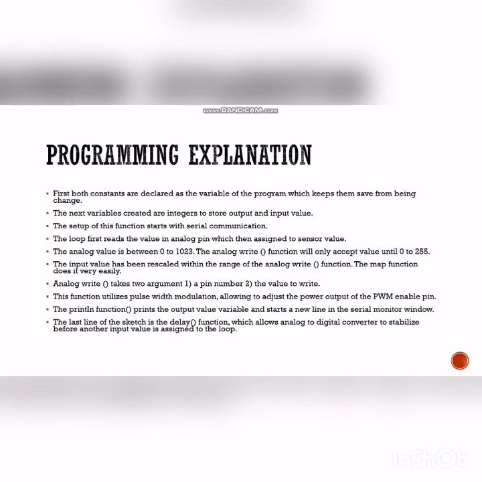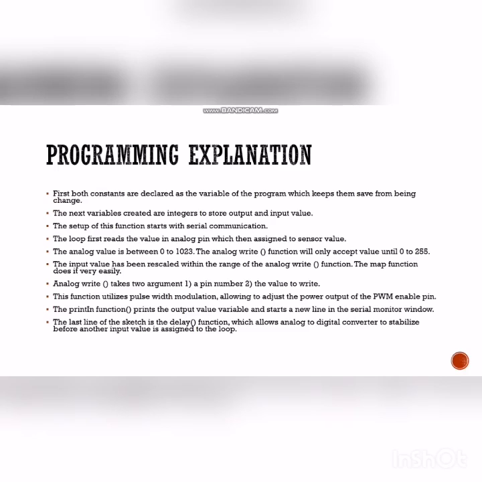First, the board's pins are declared as constants, which keeps them safe from being changed. The next variables created are integers to store the input and output values. The setup function starts the serial communication, and the loop first reads the value on the analog pin, which is then assigned to the sensor value.